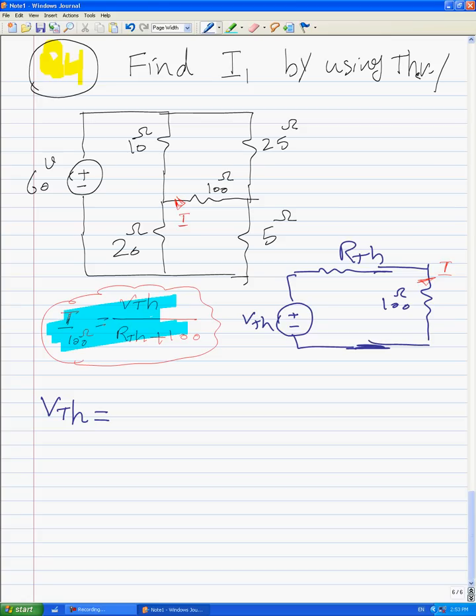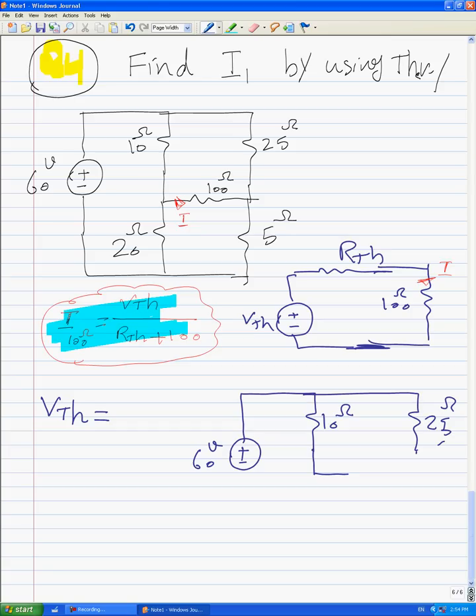In order to find out VTH, we should open 100 ohms like this. We have 60 volts here and 10 ohms here and 25 ohms here, and open circuit here, and open circuit voltage here, and 20 ohms here and 5 ohms here.